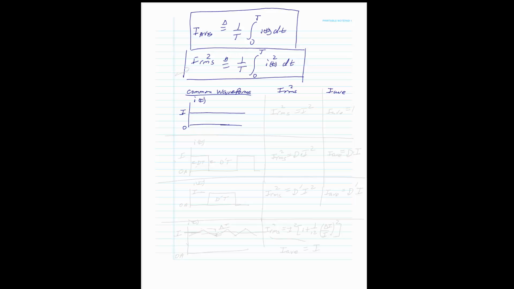And the RMS squared is the average. There is no difference, it's the same. RMS is I squared, and the average, of course, is just I. Okay, so that's your first waveform. The second would be, what if we are dealing with a square wave here like this?